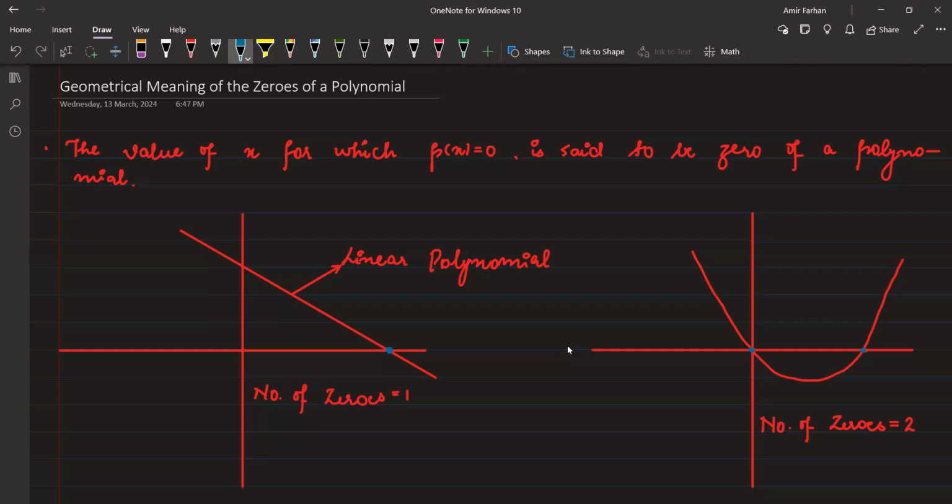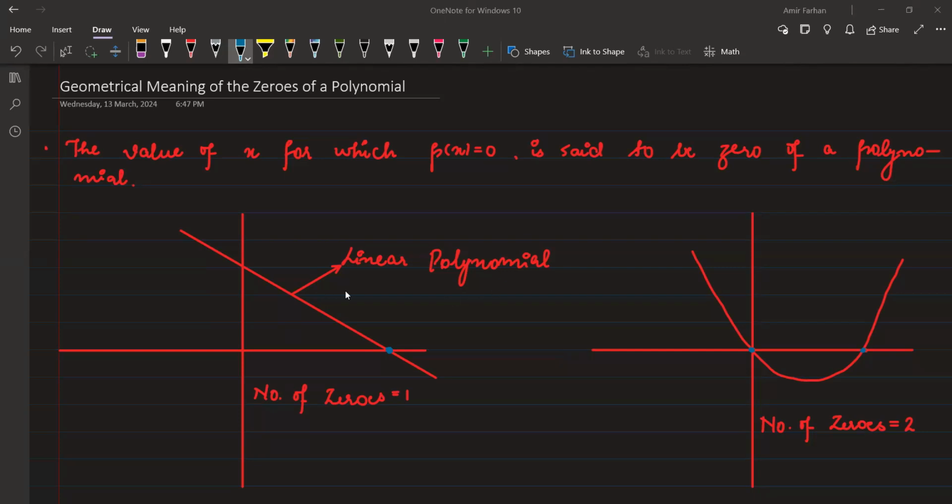If the degree is 3, how many zeros will there be? 3. And if the degree is 4? 4. Very good. If the degree is 0, how many zeros? 0. If the degree is 1, how many zeros? 1.